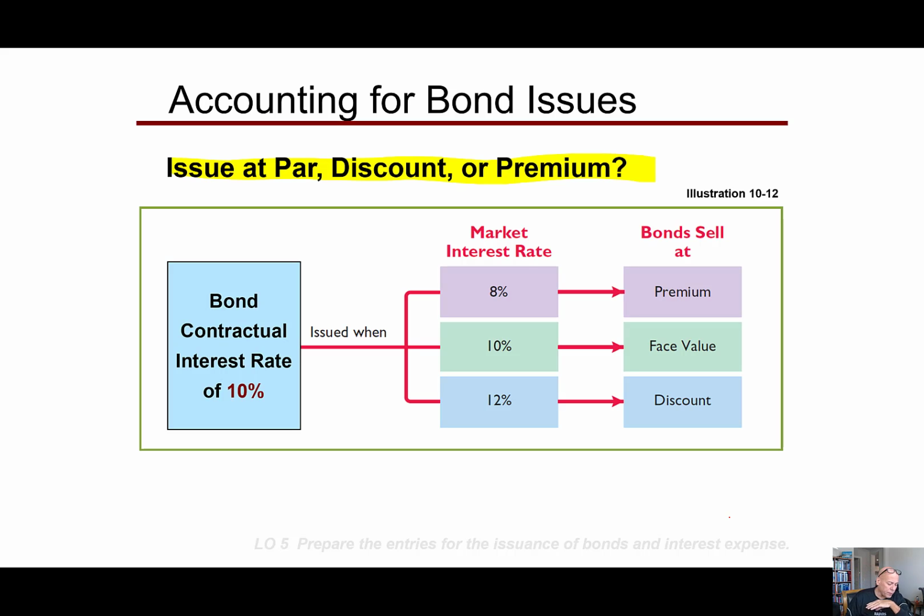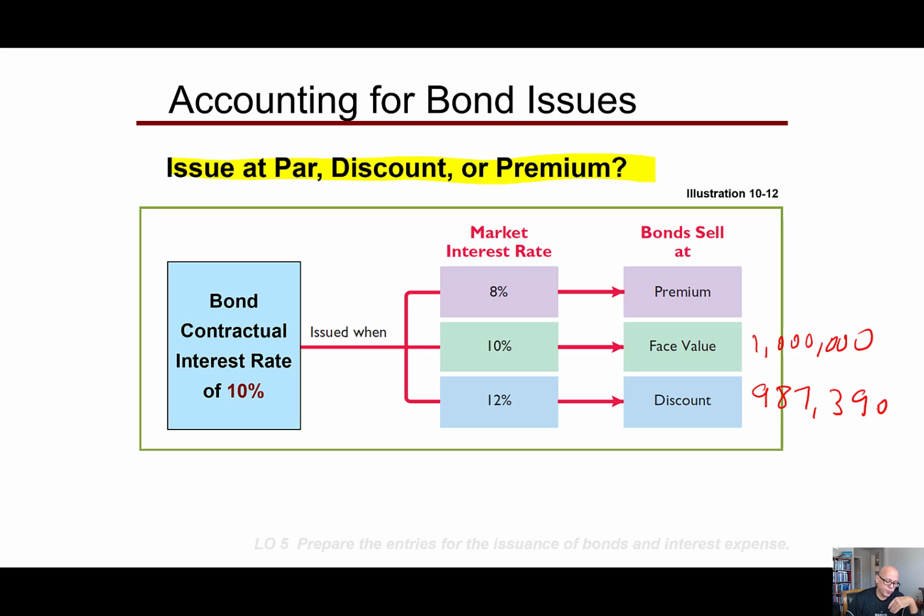So if the face of the bond is, say, 100,000, let's make it $1 million. The face of the bond is, say, $1 million. We're going to issue that for $987,390, less than the face, right?